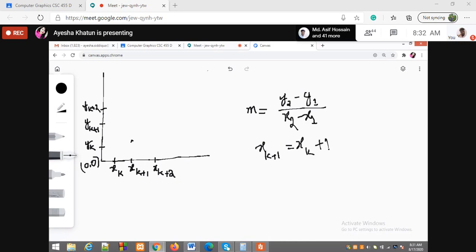Because this is the initial or starting value here. So this value will be equal to the initial or previous value on the x-axis plus 1. Then we can get the value for xk plus 1.